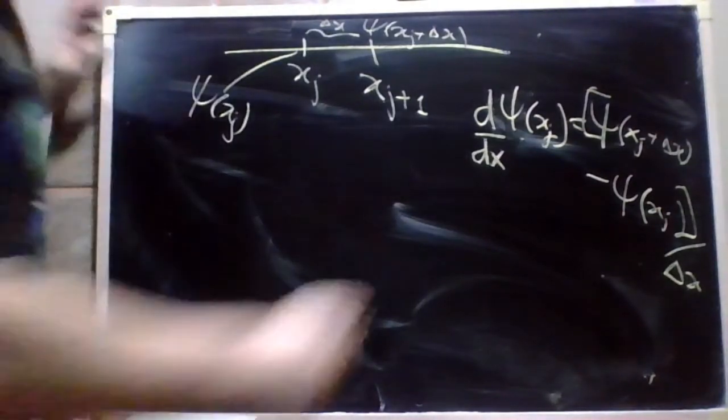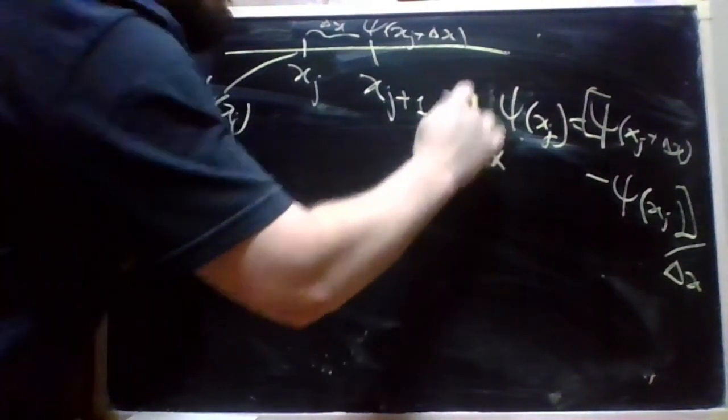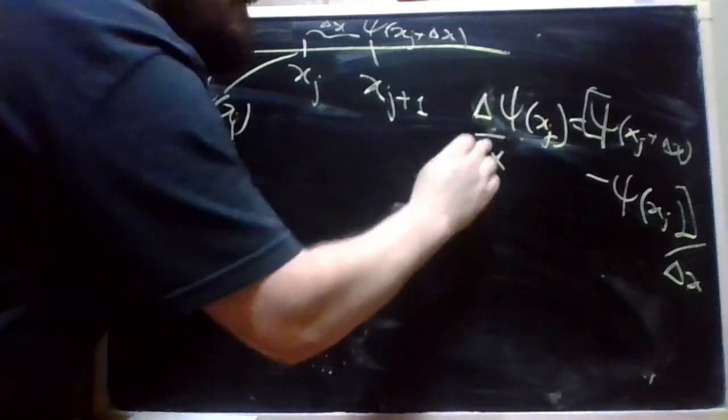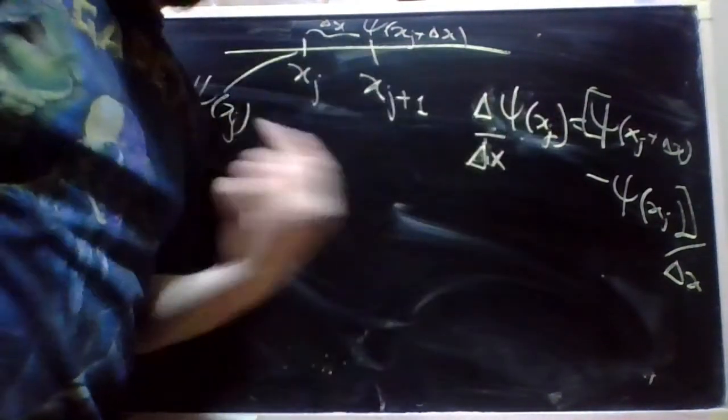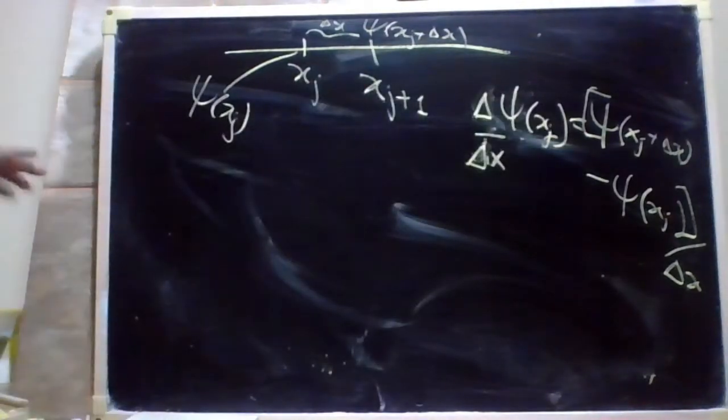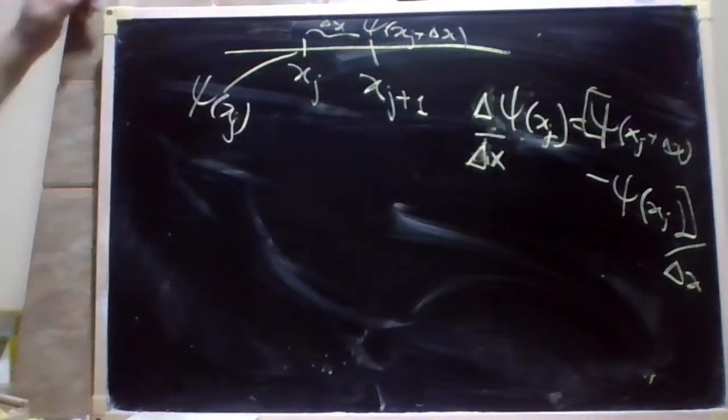Now I am removing, for the moment, the need of a limit, and I will call this delta psi divided by delta x. All right, so that's it.